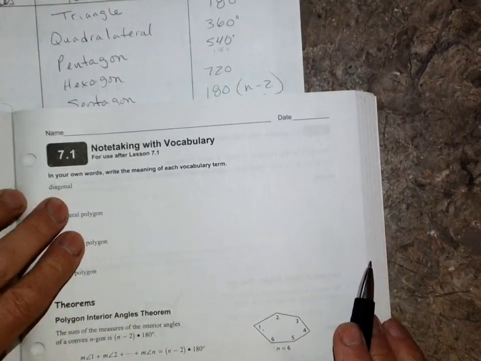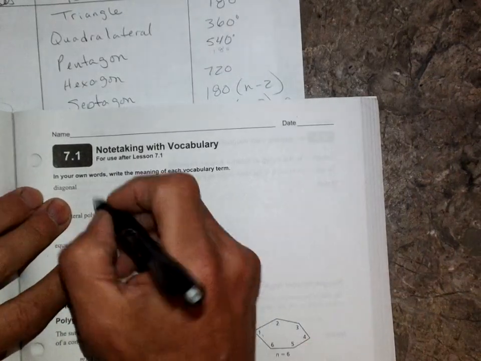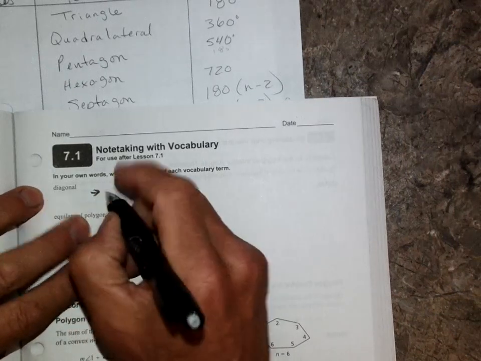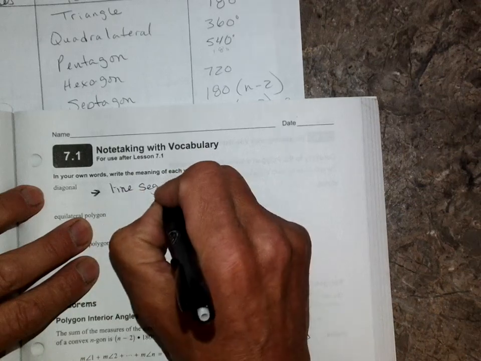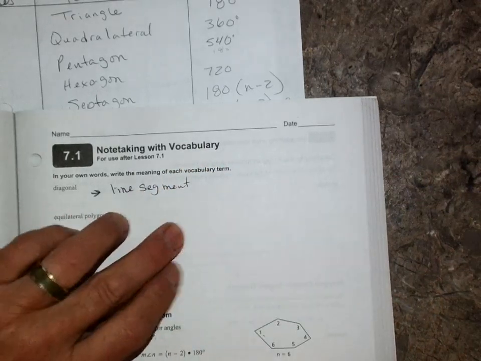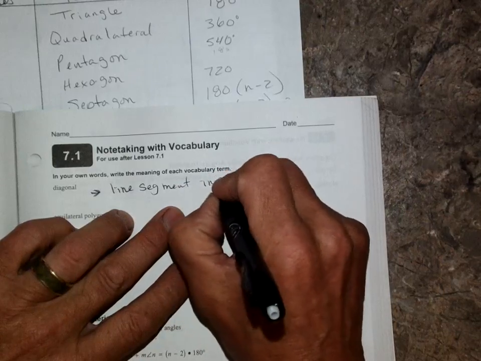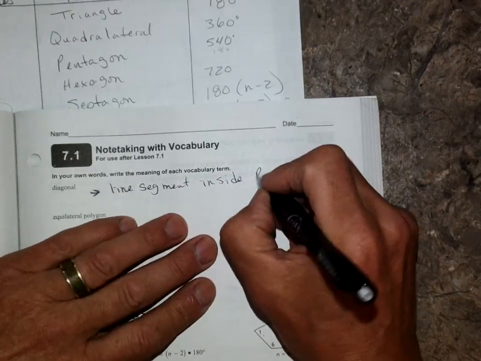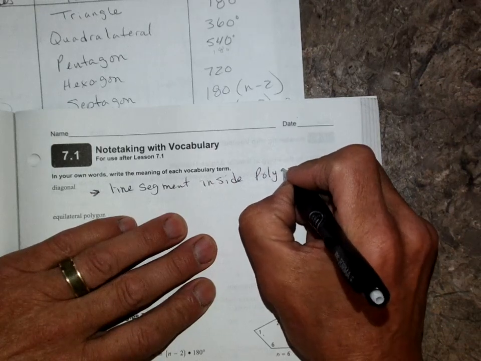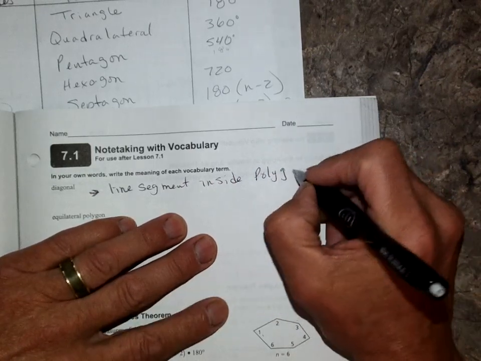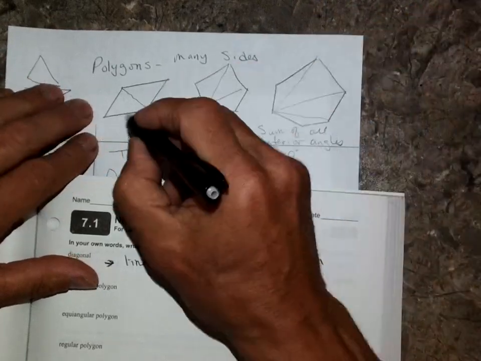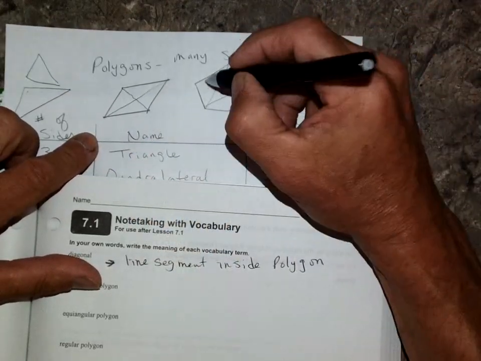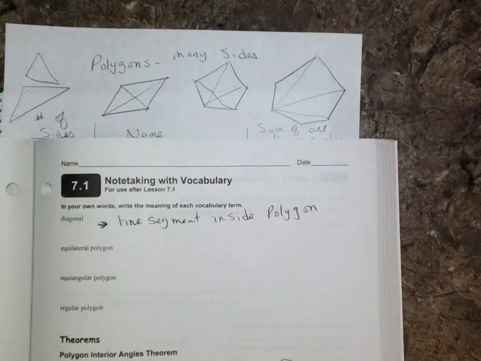A diagonal is just a line segment inside a polygon, crossing inside, and it goes from vertex to vertex. So if I take a look here, these are diagonals. Those are diagonals. This could even be a diagonal, right? So the diagonals are line segments inside the polygon, okay?